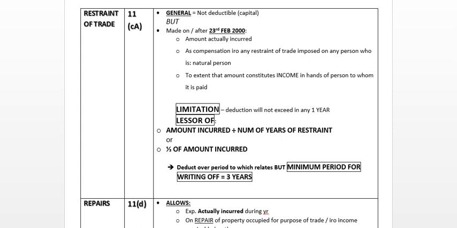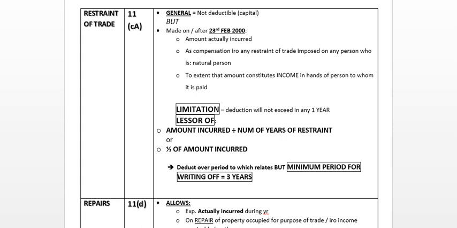Okay, restraints of trade. This is a specific deduction which we went through earlier, where it said it's prohibited, but there are certain conditions which allow it to be deducted. So generally, it's not deductible because it's of a capital nature, but if made on or after the 23rd of February 2000, then the amount actually incurred as compensation in relation to any restraint of trade imposed on any person who is a natural person, to the extent that the amount constitutes income in the hands of the person to whom it is paid.